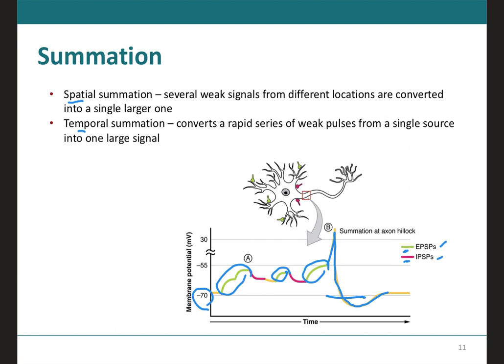Temporal summation has to do with time. You're going to have several rapid, weak signals coming from the same source, so the same type of information over time. Because it is telling the postsynaptic neuron this information is very important over time, this information needs to be processed. That's what we call temporal summation.